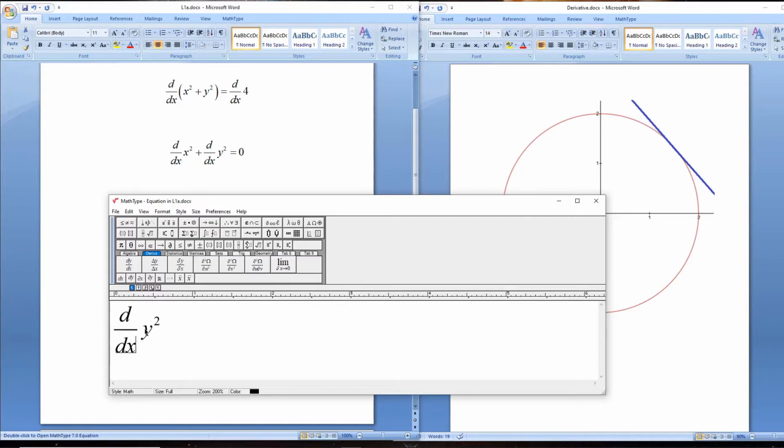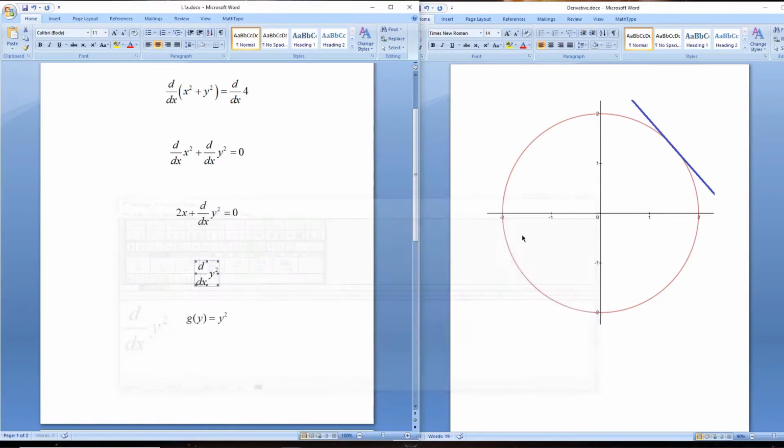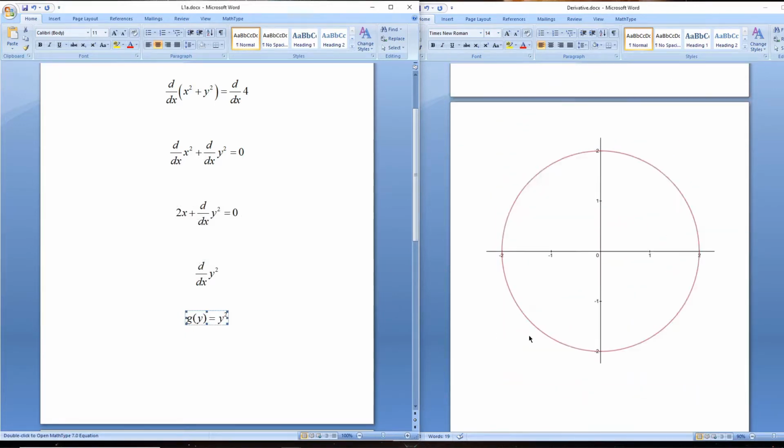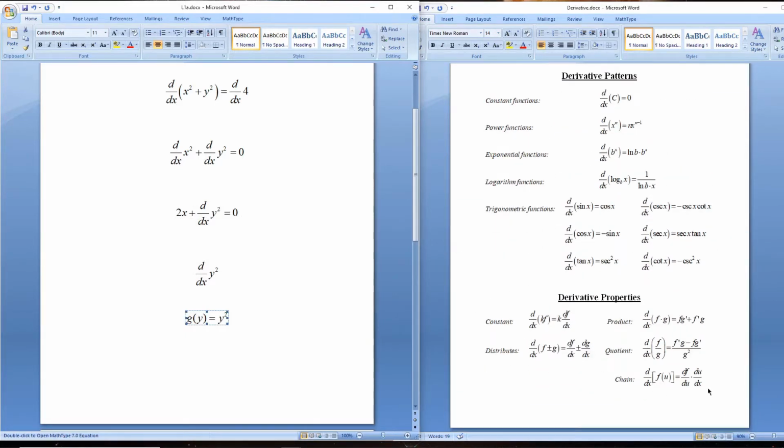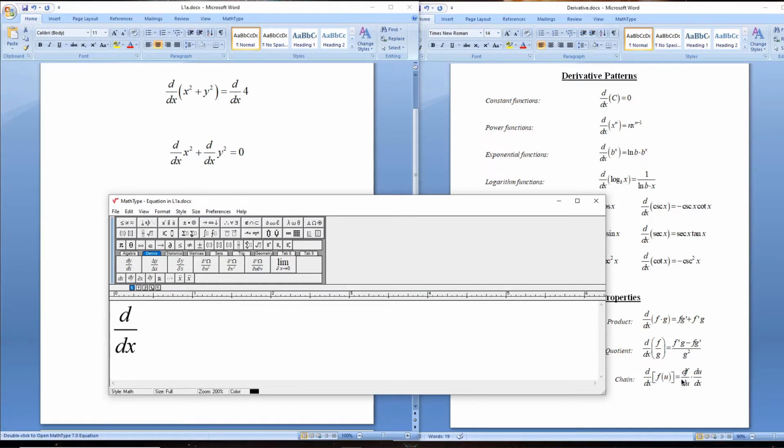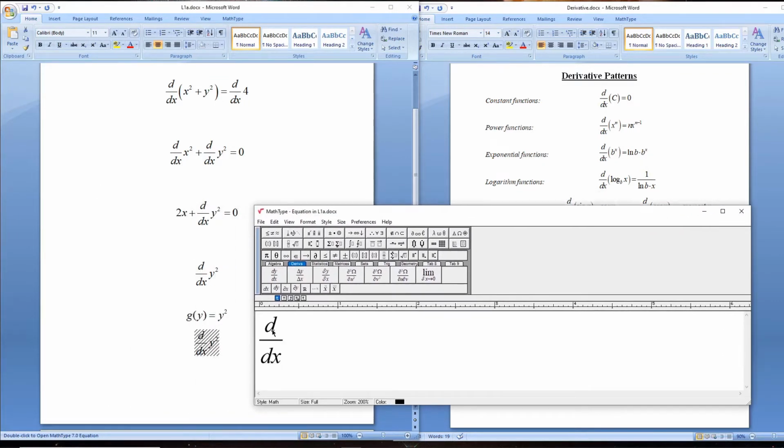And so we just can't blindly say this is 2y because we need to take the derivative with respect to this variable x. And so how we're going to do that is let's just label this as g of y, and then we're going to use a chain rule. So like a chain rule over here on the right. But instead of writing it the way it is on the right there, instead of df dx, I've named this function g.